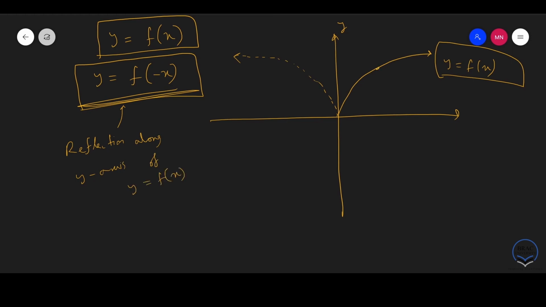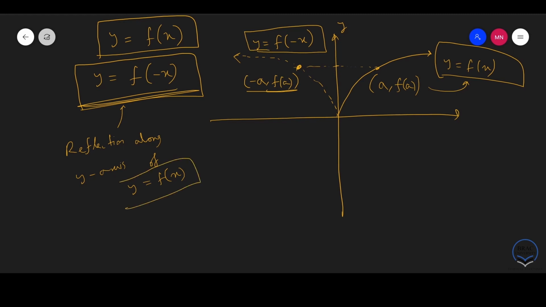So if the point a comma f of a exists on the graph of y is equal to f of x, then similarly the point minus a comma f of a will exist on the graph of y is equal to f of minus x. So this is just a reflection along the y-axis of y is equal to f of x.